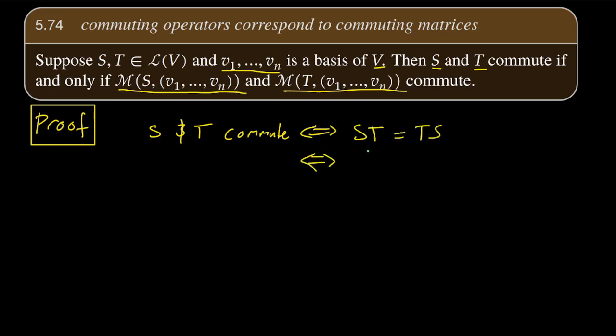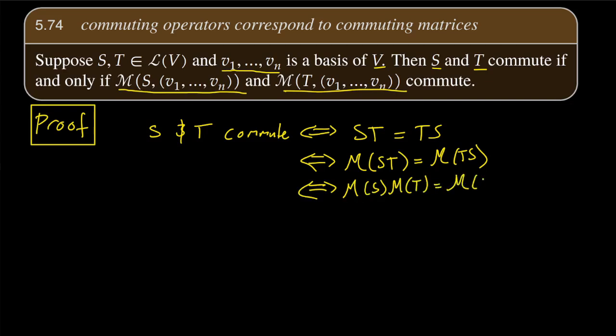Naturally, if ST is equal to TS, then the matrix of ST is equal to the matrix of TS. But we have previously shown that the matrix of a product is the product of the matrices. So this is the matrix of S times the matrix of T, and that's equal to the matrix of T times the matrix of S. Here I'm not writing these v1 through vn's.